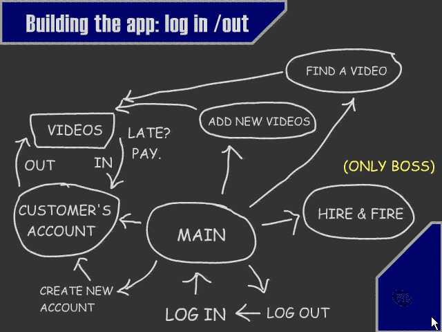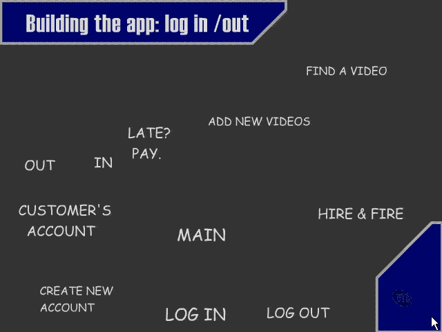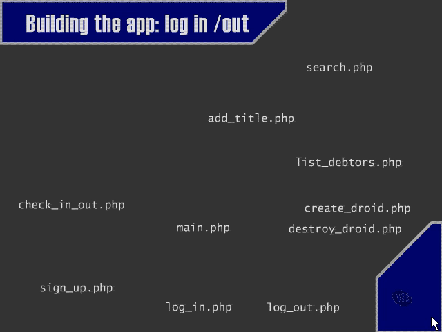If we strip away the extraneous circles and arrows, we can see that there are a fairly specific set of elements or functions that go to make up the functionality of the application. We can easily turn these into a set of scripts.